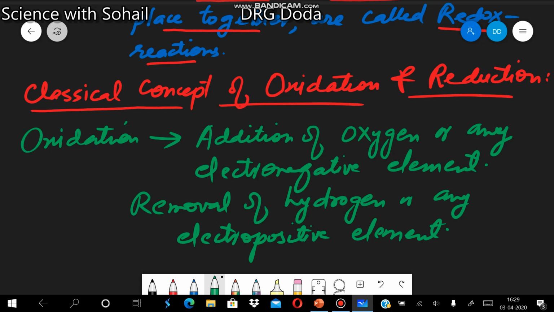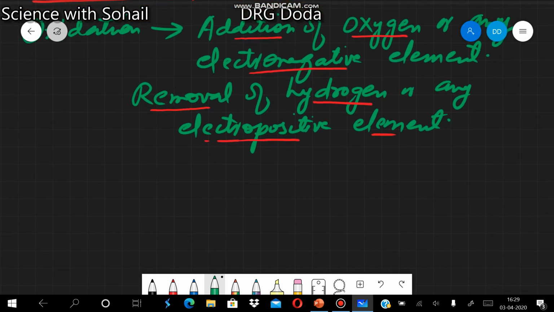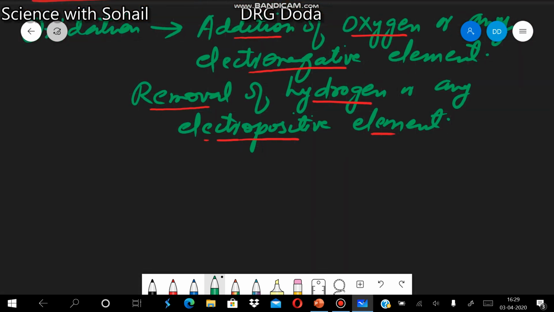So the process of oxidation involves four things: addition of oxygen or addition of any electronegative element. Similarly, it involves a removal of hydrogen or removal of any electropositive element. Now, on the basis of this definition, we will take some examples which come under the process of oxidation.